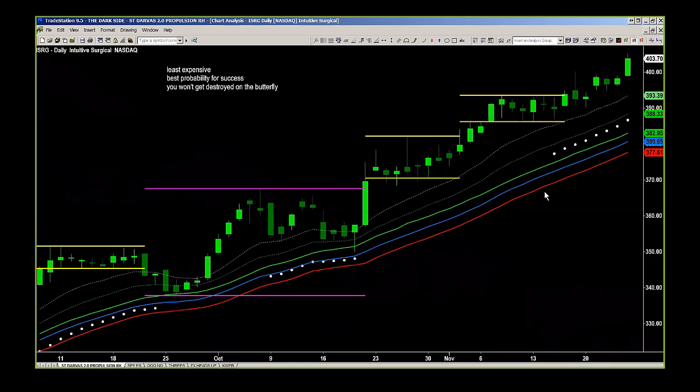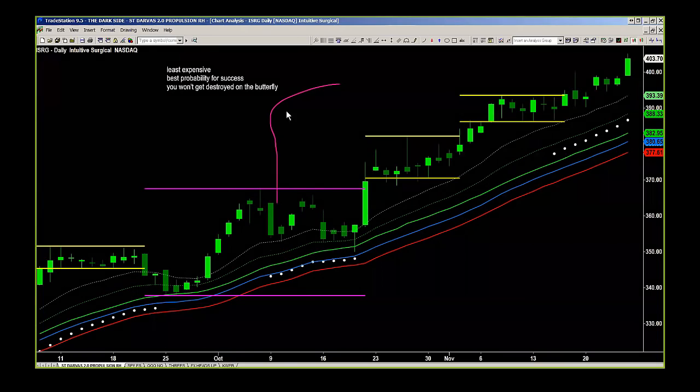For those of you that don't want to be drawing lines and levels all over your charts, the ability to have the automation of support and resistance is incredibly important. And that's another part of, again, the indicators that he's going to show you here and the setups.